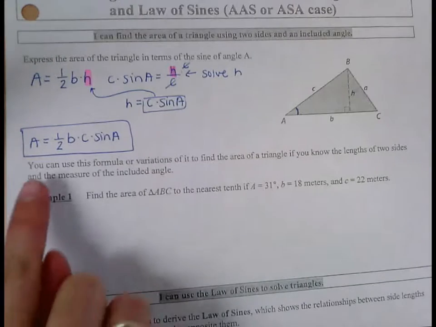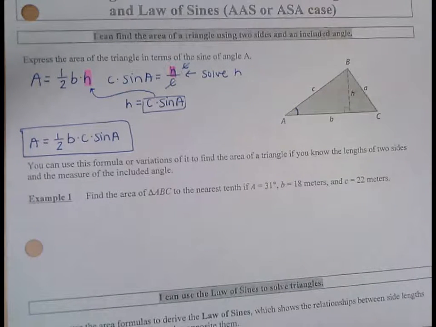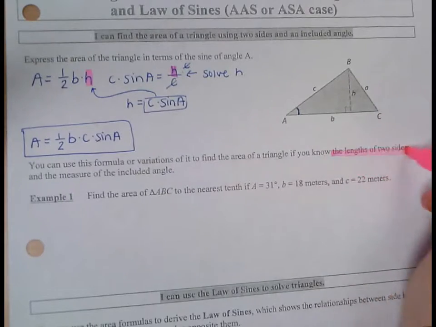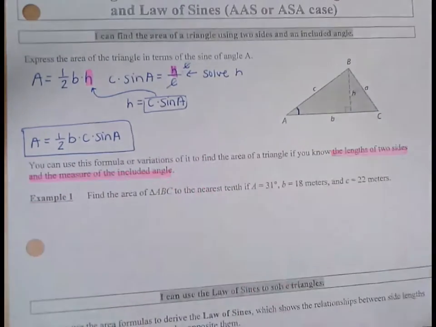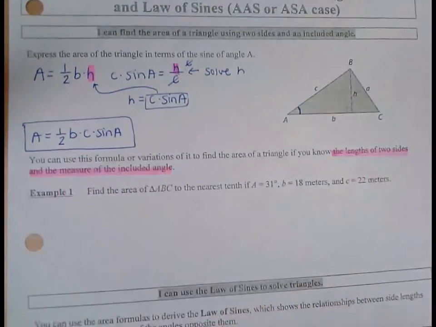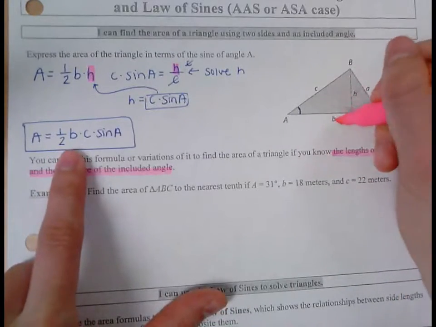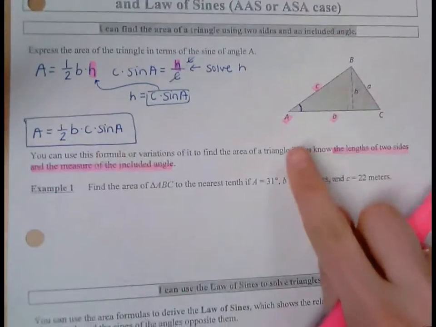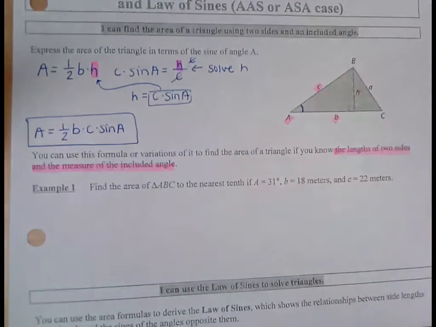But what it says below is you can use this formula to find the area of a triangle as long as you know the lengths of two sides of the triangle as well as the measure of the included angle. Notice from the formula and from the actual triangle, it's 1/2 times side length B times side length C times sine of A. So the angle A is included or formed by sides B and C.